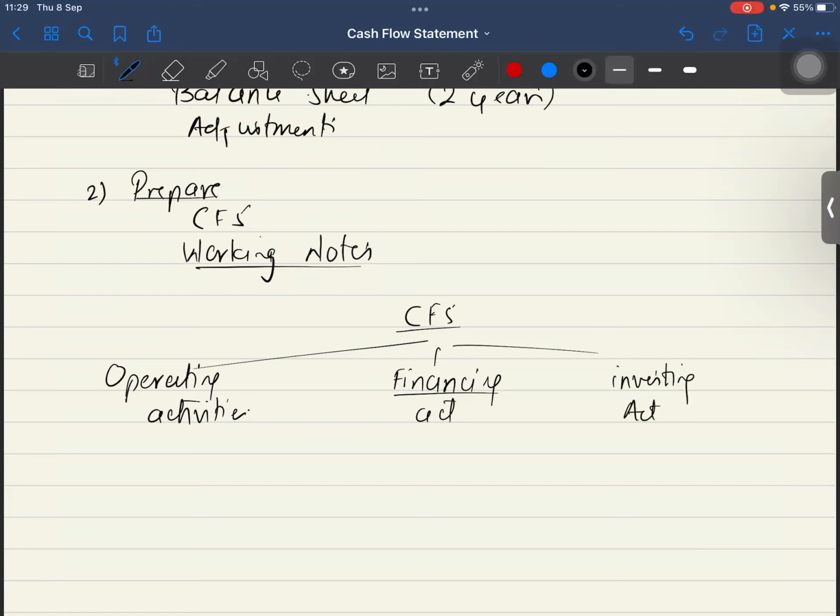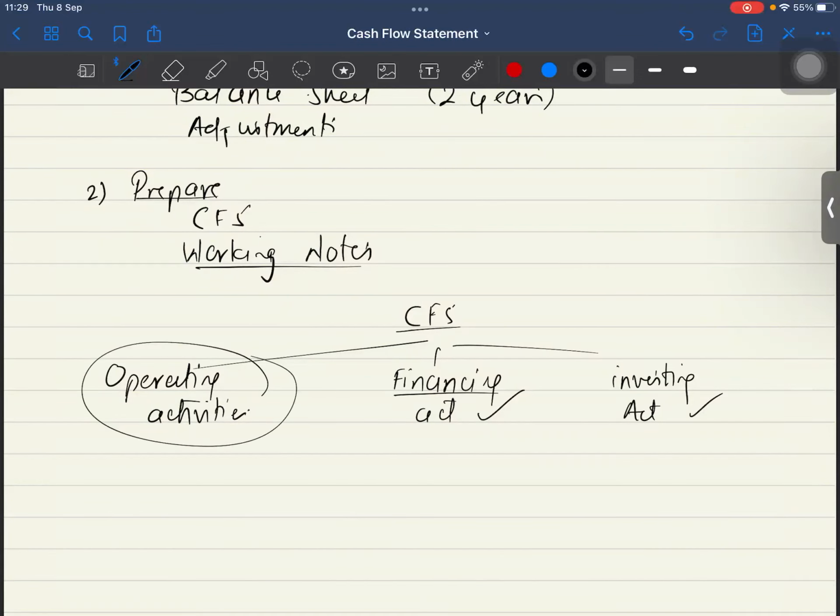Basically, how I put it is, first you get the funds. So first financing, then where have you invested? That's investing, like all the assets. In short, all the liabilities is financing, all the investing is your assets. And the other one is operating activity.